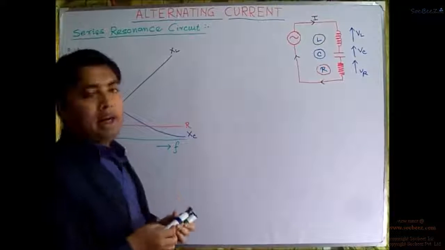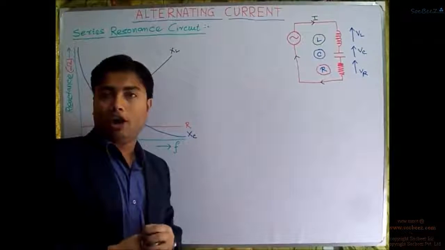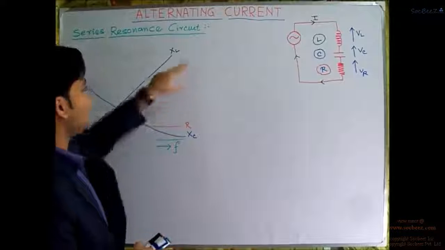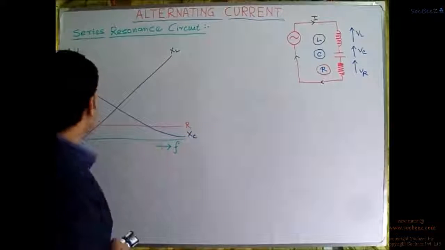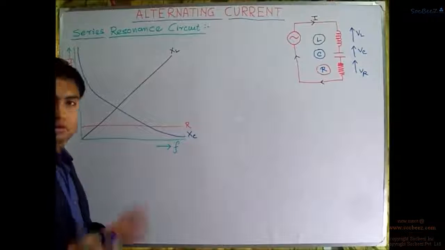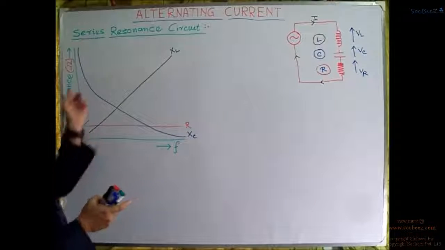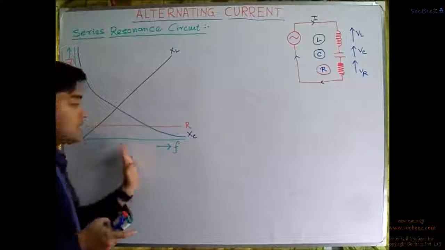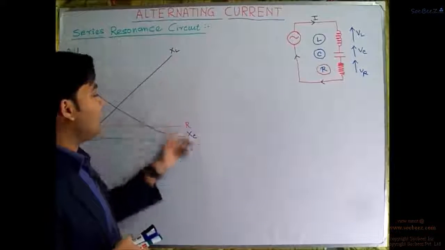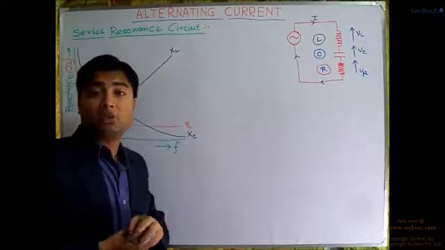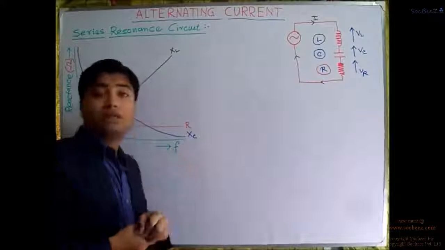Now we have actually plotted all XL, XC and R in the same graph, right? With their reactance in ohm versus the frequency. And as we know, XL and XC actually vary with respect to this frequency.